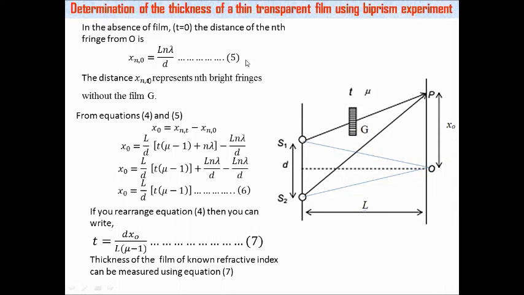So this is equation number 5. We have already derived equation 5 in the Young double slit experiment. See lecture 2.